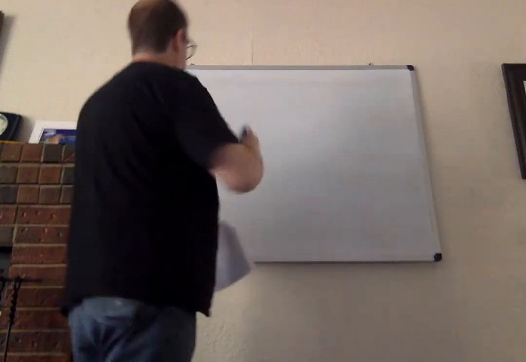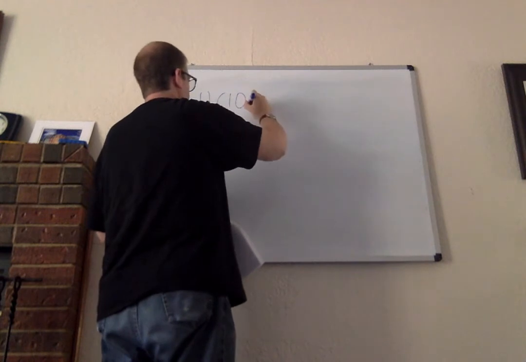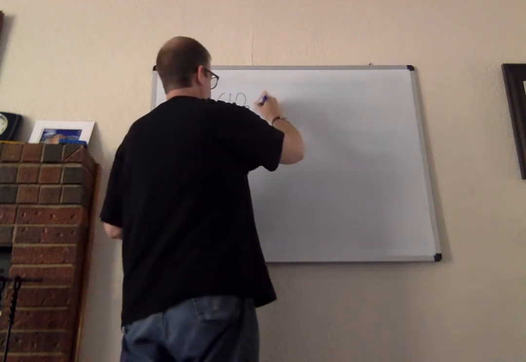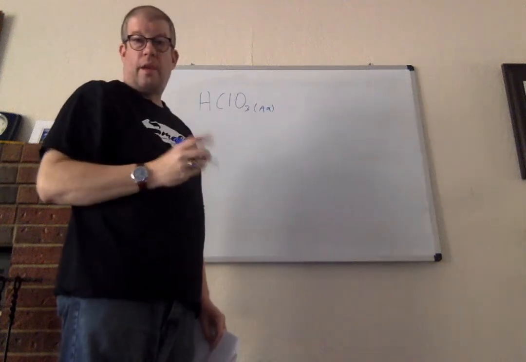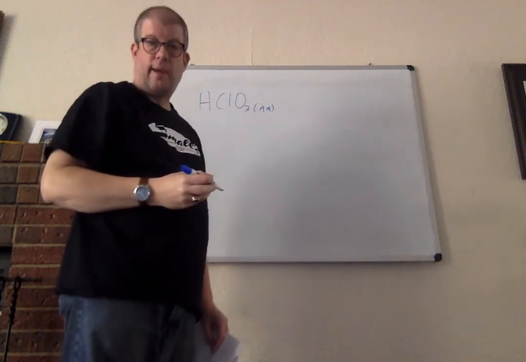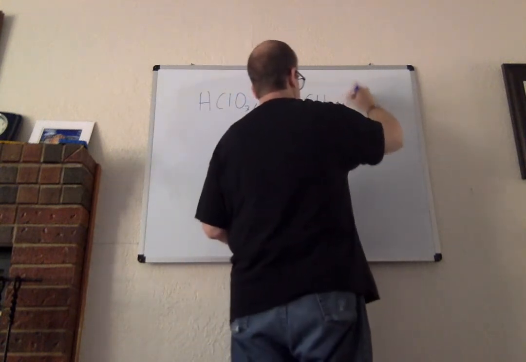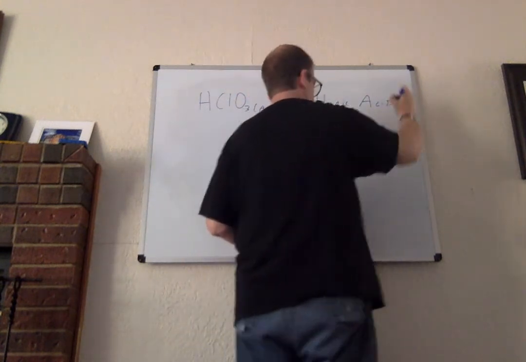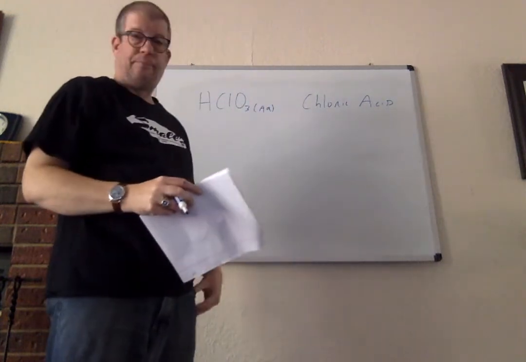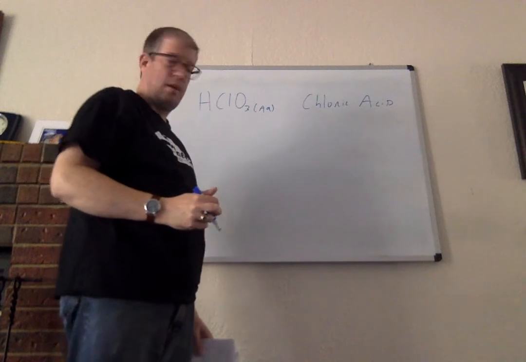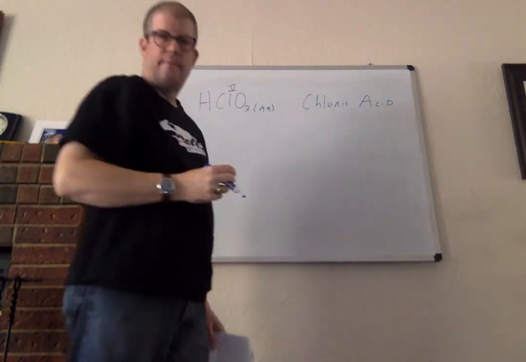So the next one is HClO3. We're talking about the acid, so put the aqueous there. The name of this one is chloric acid. And if you look at the formal oxidation state of chlorine in here, it's 5.